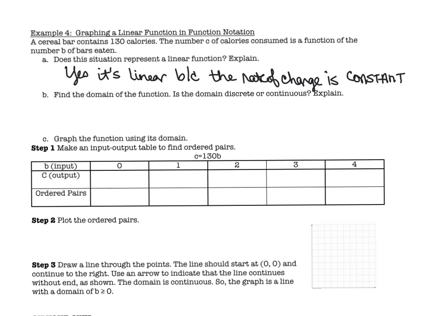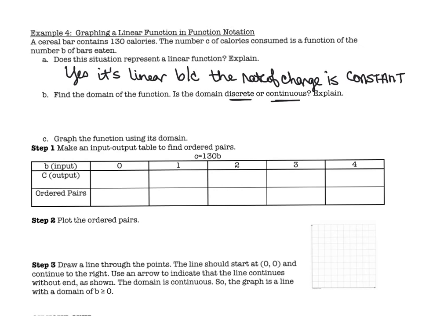Find the domain of the function. Is the domain discrete or continuous? So the domain, I want you to think about it. Would it be discrete or continuous? Discrete means we would have to only eat one bar and then 2 bars and then 3 bars.